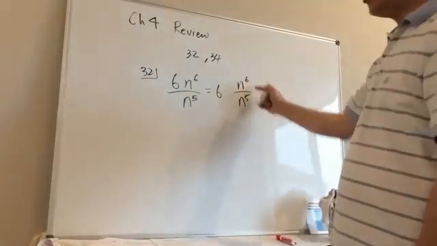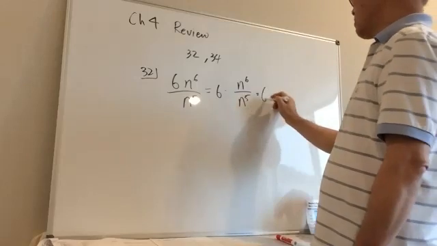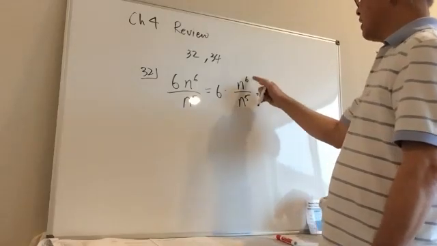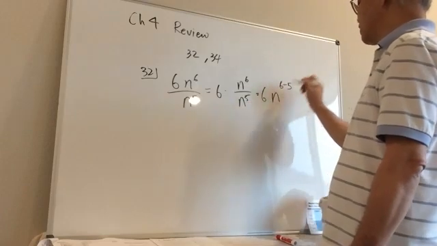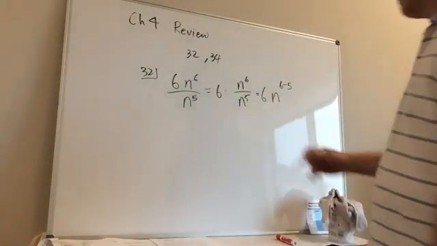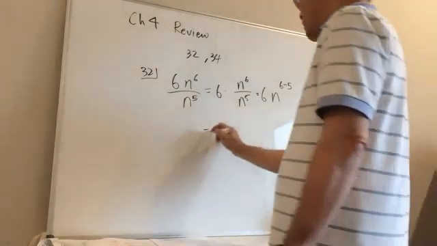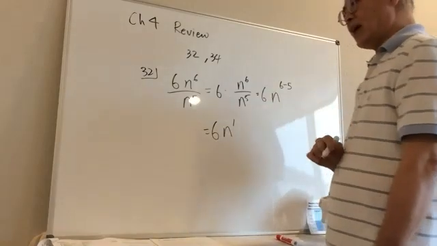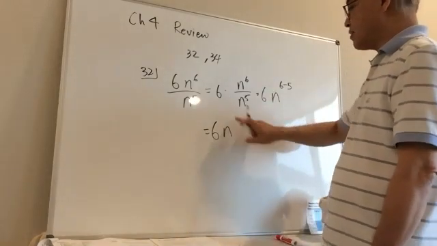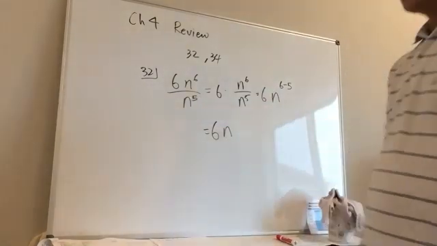Now I have a quotient, so this is the same as 6 times n to the 6 minus 5, because it's a quotient. It's going to look like that, which is the same as 6 times n to the 1st. N to the 1st is the same as just n, because there's only one n. So that's going to be your answer.